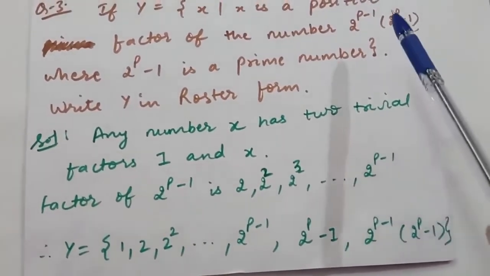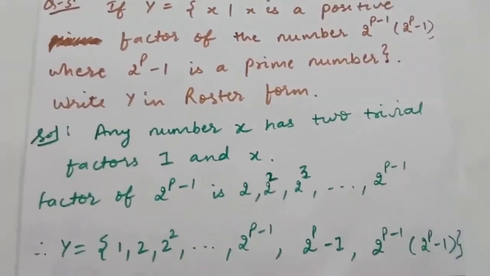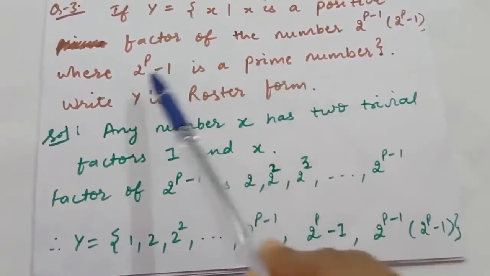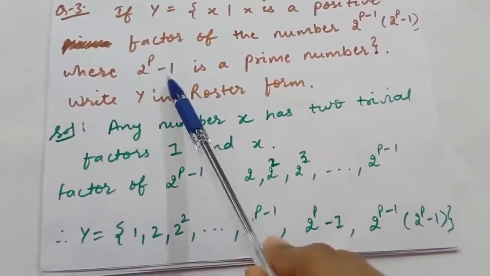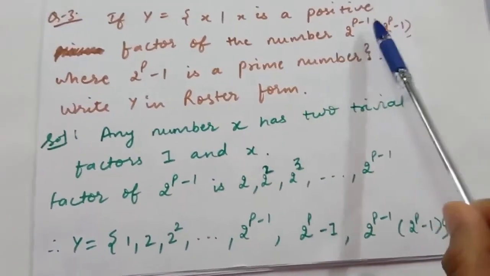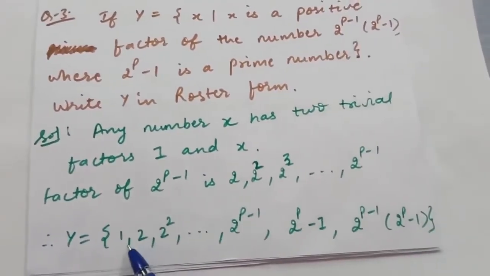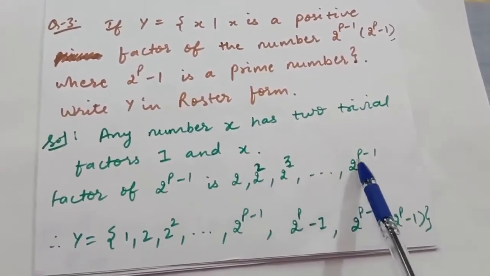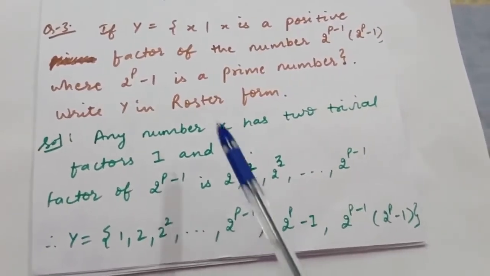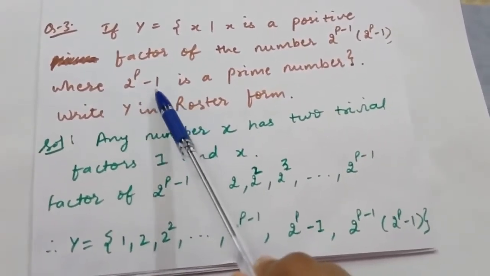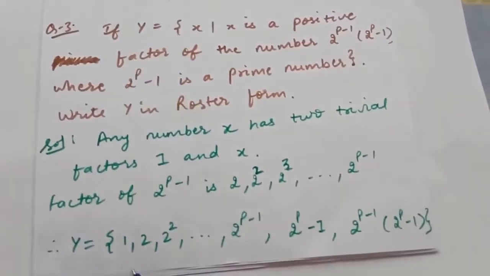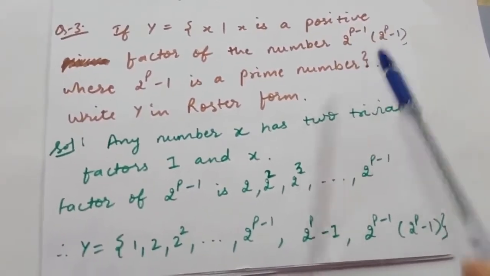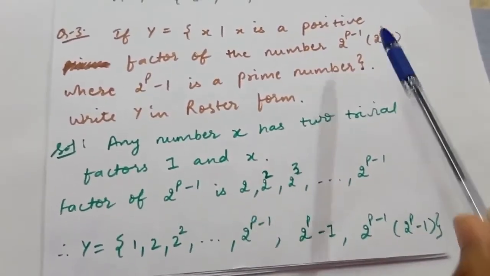Also, 2 raised to the power p minus 1 is a prime number, so its factors are 1 and the number itself. So this number will also be a factor. So these are the factors of this number.